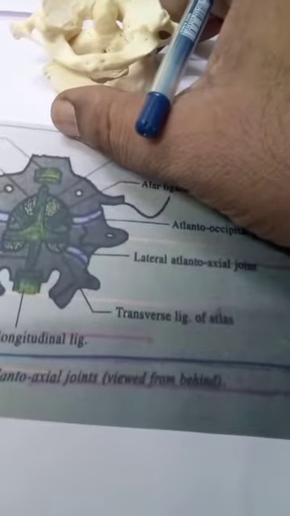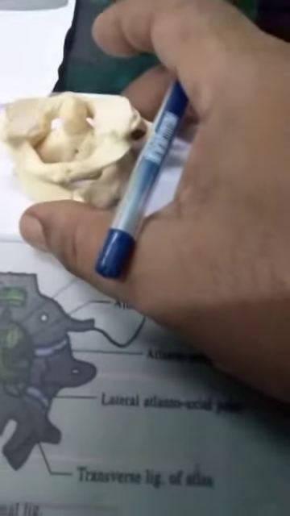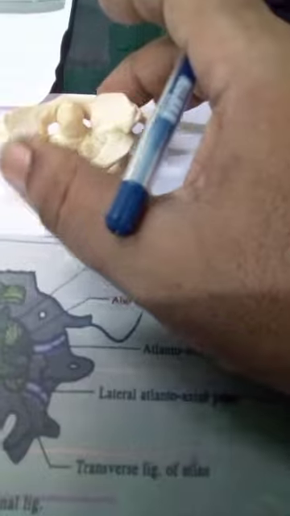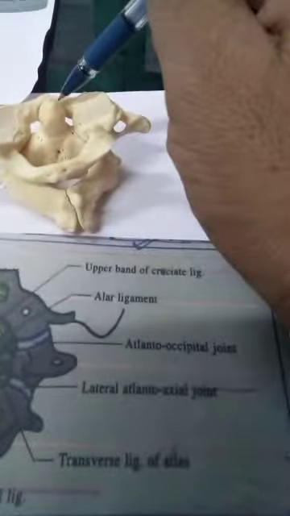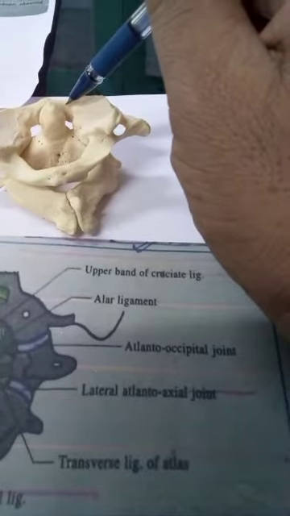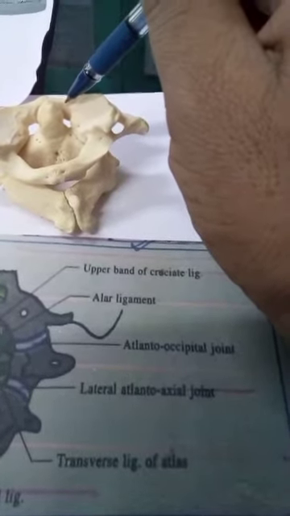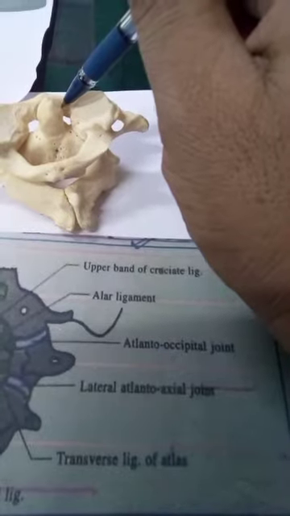Median atlantoaxial joint is formed by the articulation between the dens or odontoid process of axis and the anterior arch of atlas. So, median atlantoaxial joint is lying here.